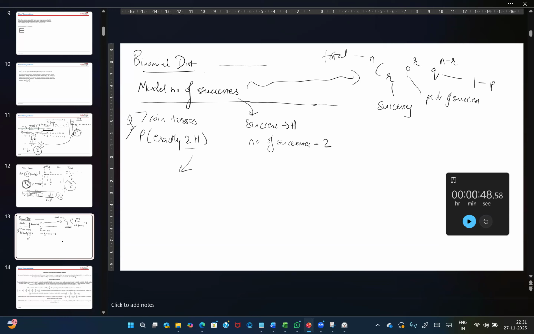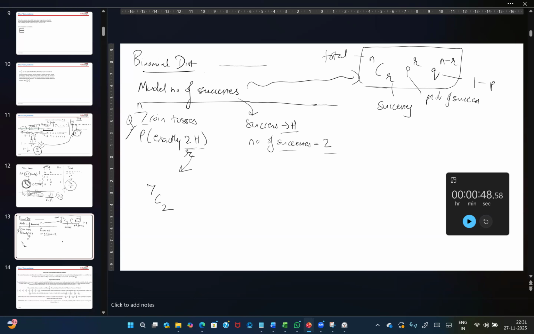Head is a success, the number of successes is 2, and there are 7 coin tosses. So this is N, this is R. So 7C2, I'm applying this formula.